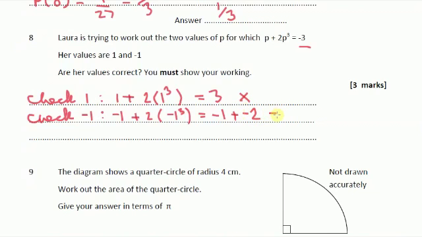And -1 and -2 equals -3. So that one is a correct solution because it does give -3. But are her values correct? We have to say her values are not correct. One is correct and one is wrong. So in general, her values are not correct.